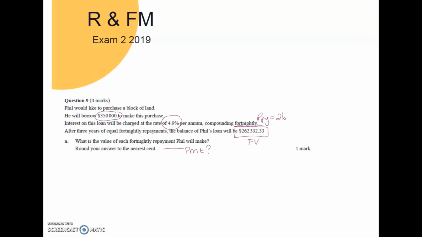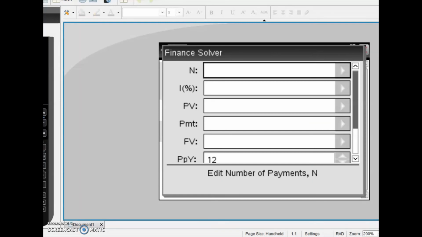Okay, so let's jump to our finance solver and put in what we know. This question will seem familiar because we have done it before, but it's worth just running through again. Okay, so we said we've got 3 years of fortnightly payments, so 3 lots of 26 payments. Our interest rate was 4.9%. Phil borrowed, so positive $350,000. We're solving for what his payments will be, so we'll come back to there.